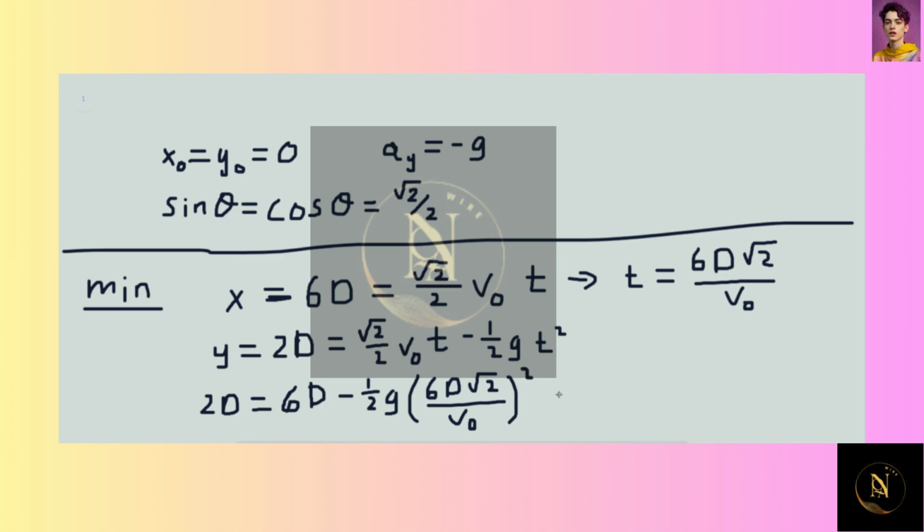Therefore, we can solve for v naught, and that gives 3 times the square root of g times d. So there is the minimum velocity value in terms of gravity and the distance d.